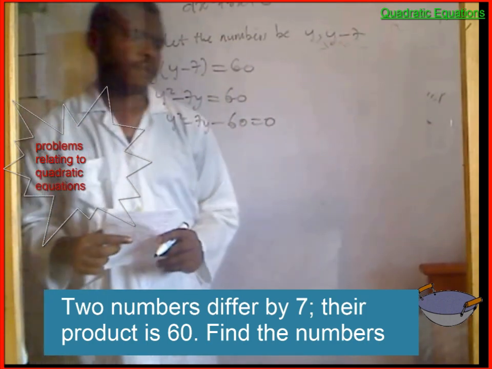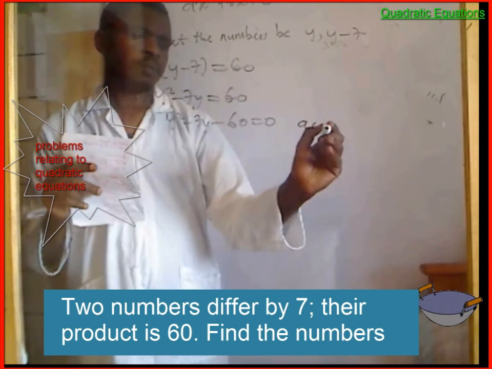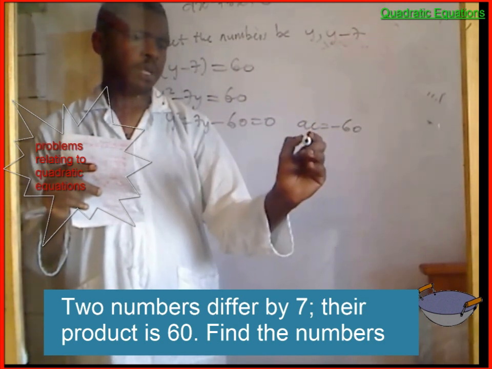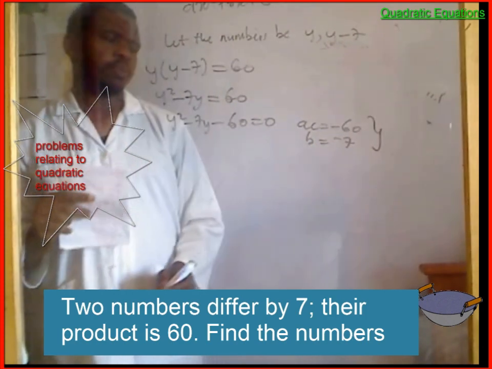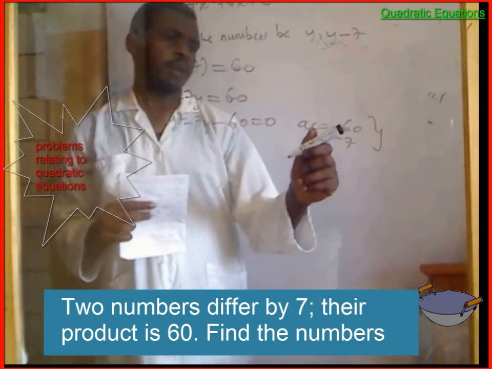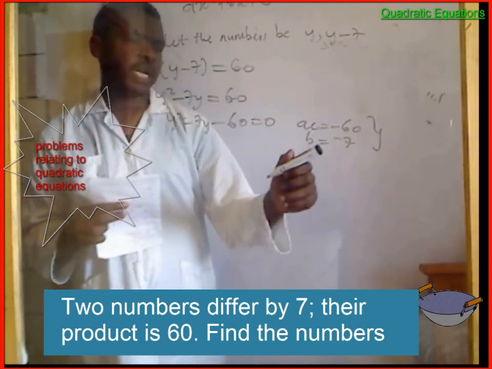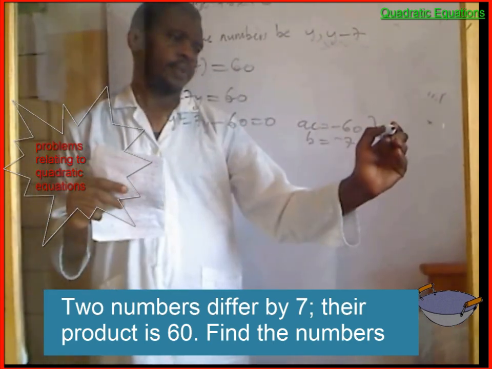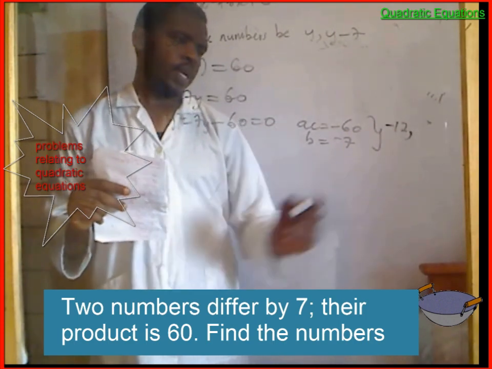Let's solve it by factorizing. What is the product of my roots? ac is equal to minus 60. The sum of the roots, b, is equal to minus 7. Two numbers that when multiplied give us minus 60 should be factors of 60, and when added should give us minus 7. Here I'll have minus 12 and 5.